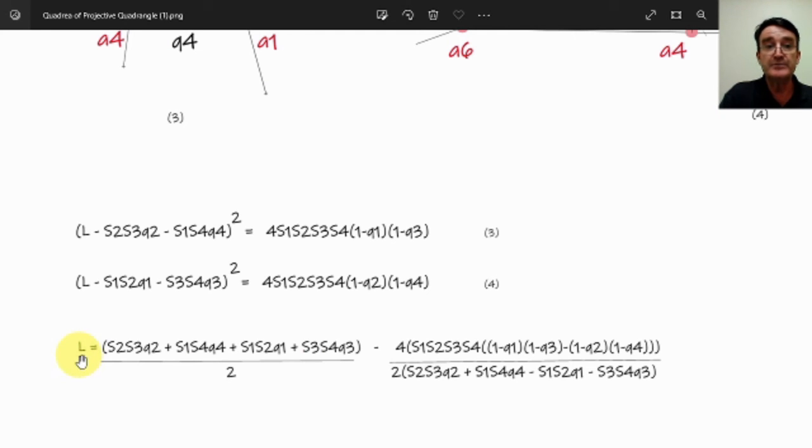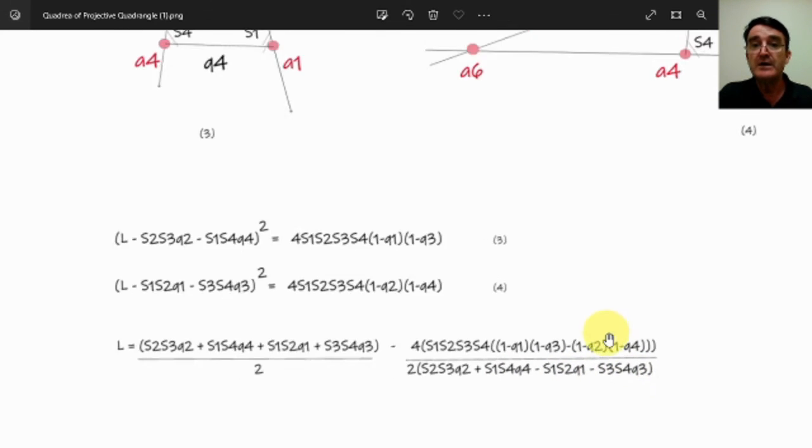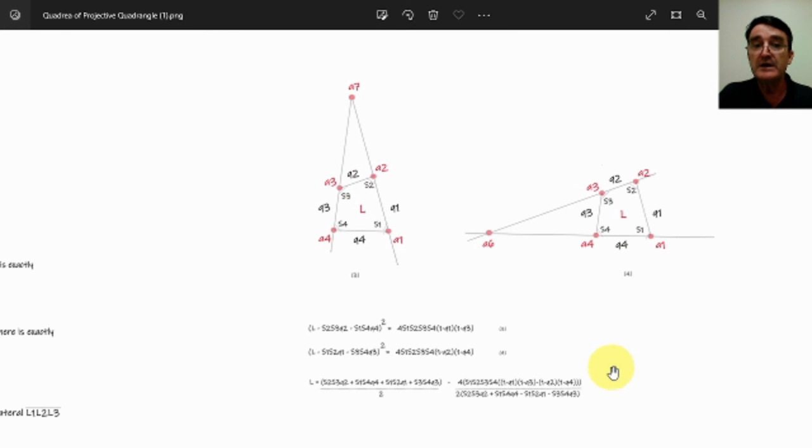The quadreal L of the projective quadrilateral is S2 times S3 times Q2 plus S1 times S4 times Q4 plus S1 times S2 times Q1 plus S3 times S4 times Q3, all divided by 2, minus 4 times S1, S2, S3 times S4 times (1 minus Q1) times (1 minus Q3) minus (1 minus Q2) times (1 minus Q4), closing brackets, all divided by 2 times, opening brackets, S2, S3, Q2 plus S1, S4, Q4 minus S1, S2, Q1 minus S3, S4, Q3.